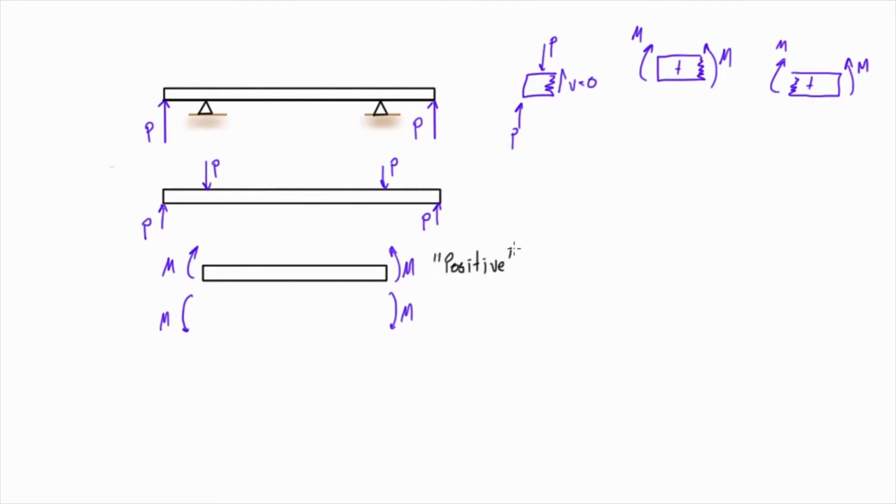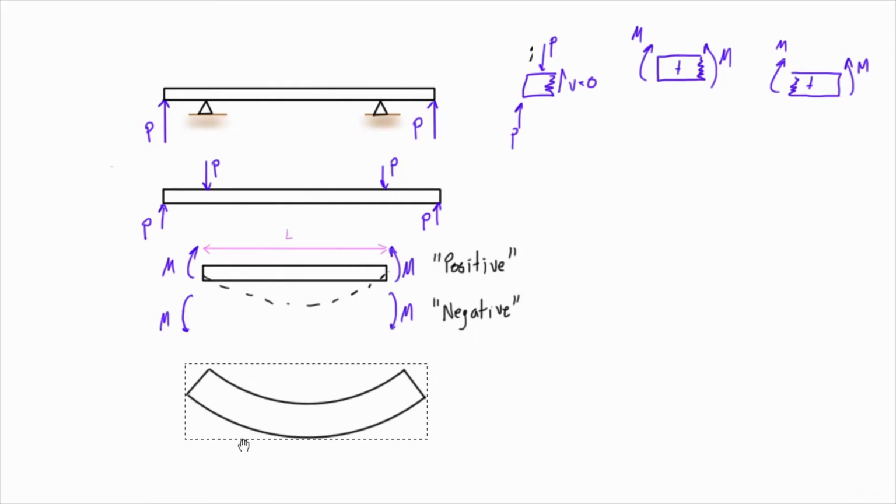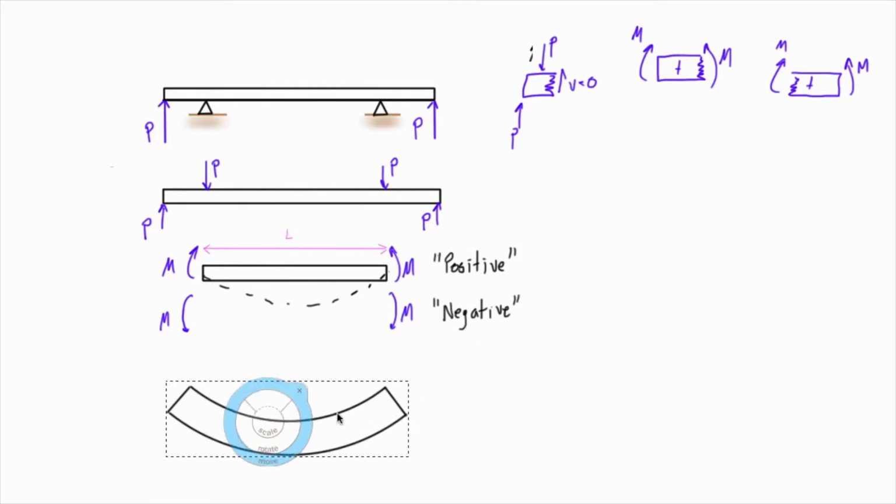So if we define the section that is in pure bending to have a length of L, then it's kind of obvious, like when we talked about bending a ruler, you know that it's going to have the tendency to bend down like this. So really, after we apply these moments, we're getting a final shape that looks something like this.